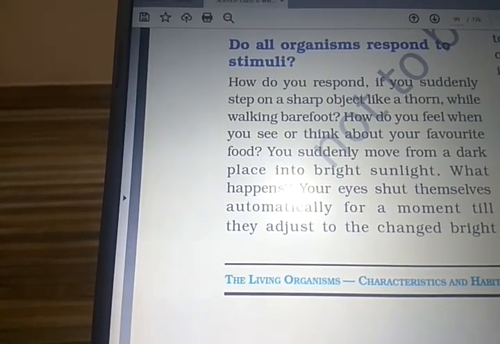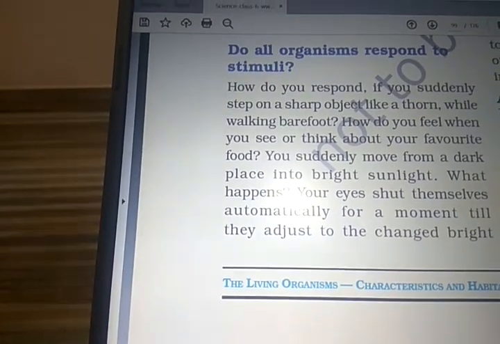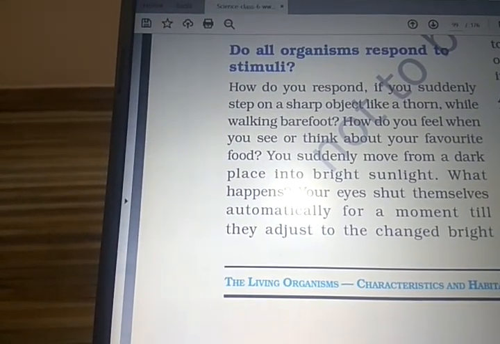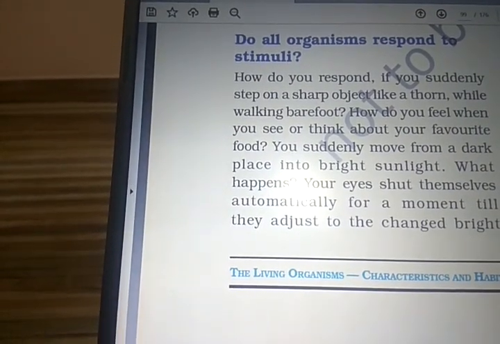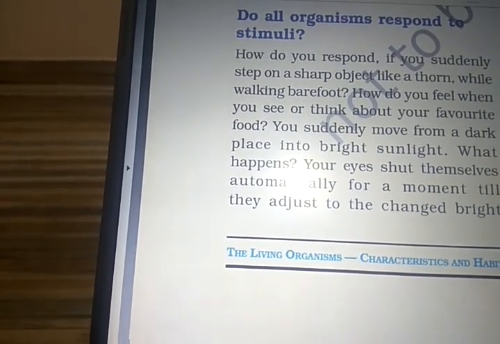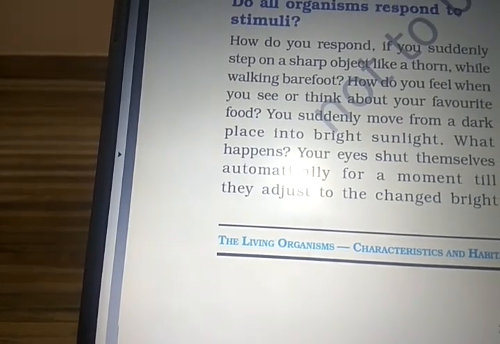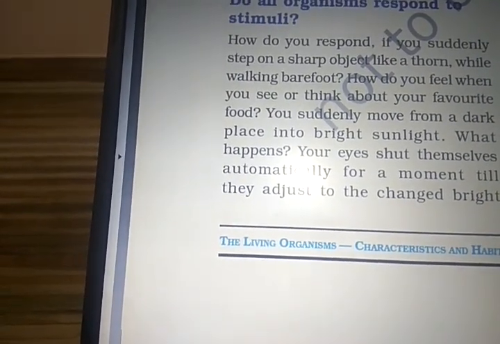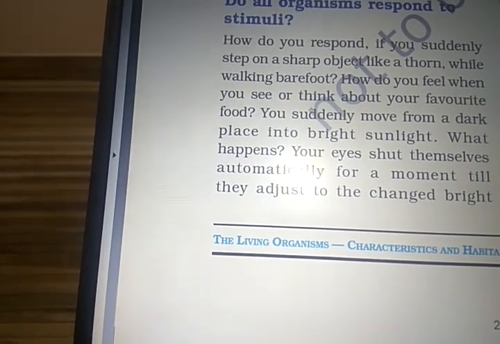Here you can say organisms respond to stimuli. Plants can move, plants respire, and plants also respond to music nowadays, because plants grow well by listening to music.